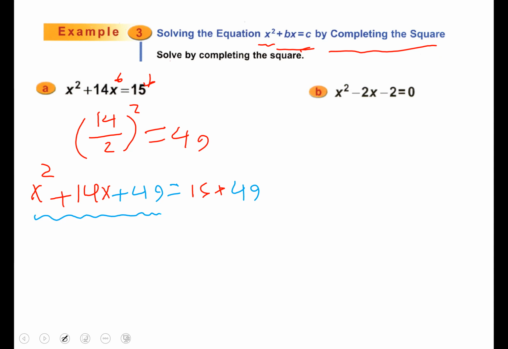Why do we take the coefficient of x and divide it by 2, also to the power of 2? Just to get the perfect trinomial. Now we have the perfect trinomial, as you see here, and 15 plus 49 equals what? 64.